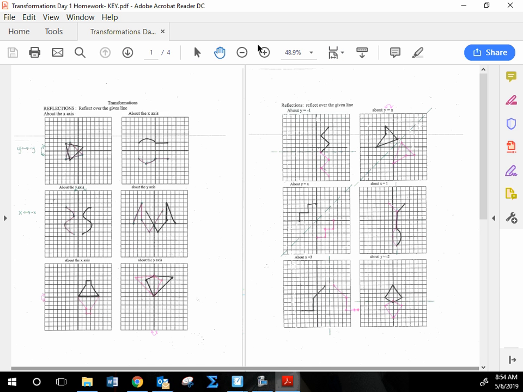I'm going to go ahead and outline these in a darker color for you, just so you can get the general idea of what it should look like.